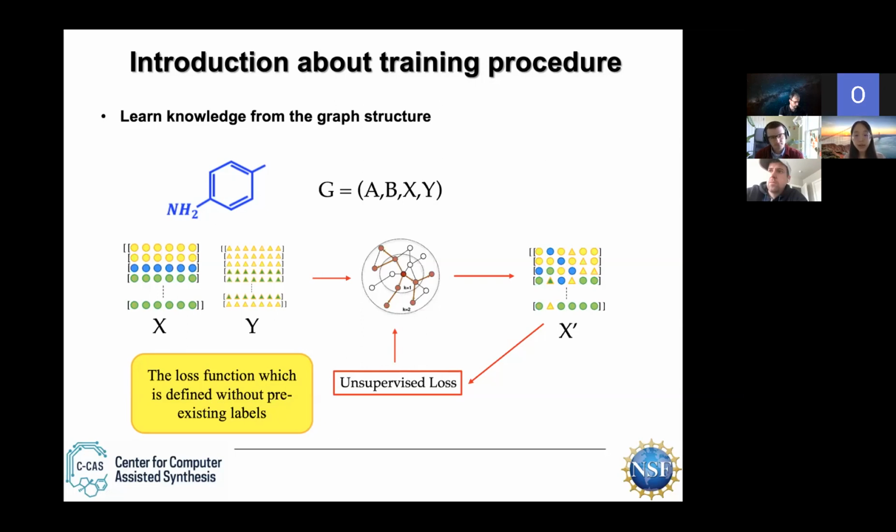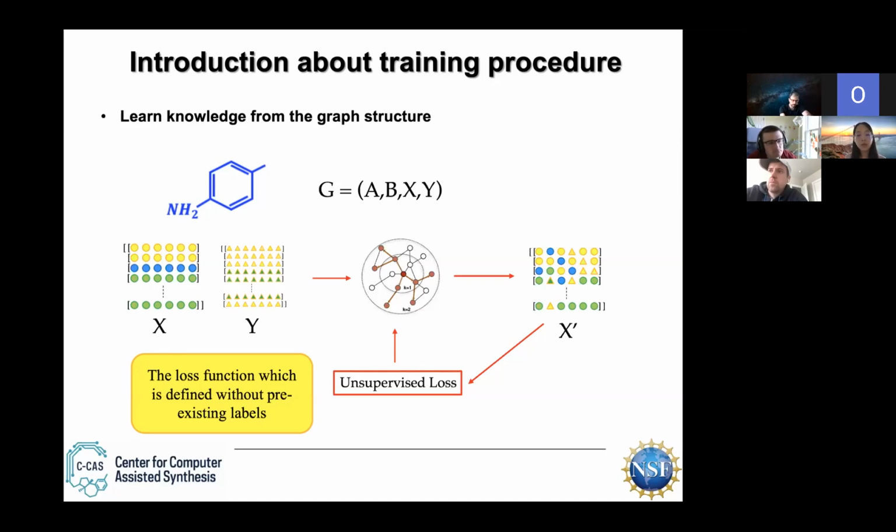In this way, using this graph neural network, the representation of each atom will learn something from the graph structure, because nearby nodes will share more similar representations, and disparate nodes will share highly distinct representations.